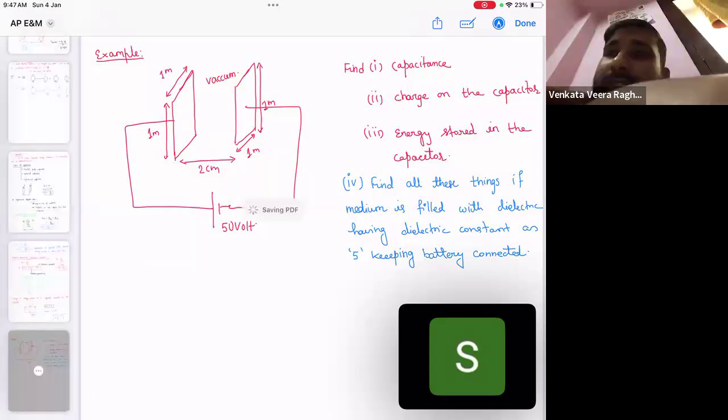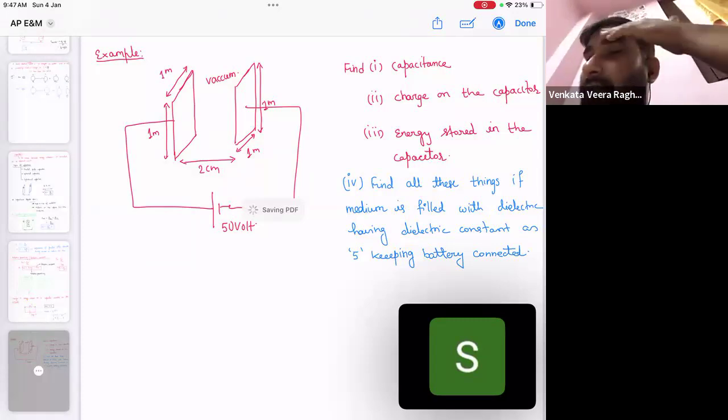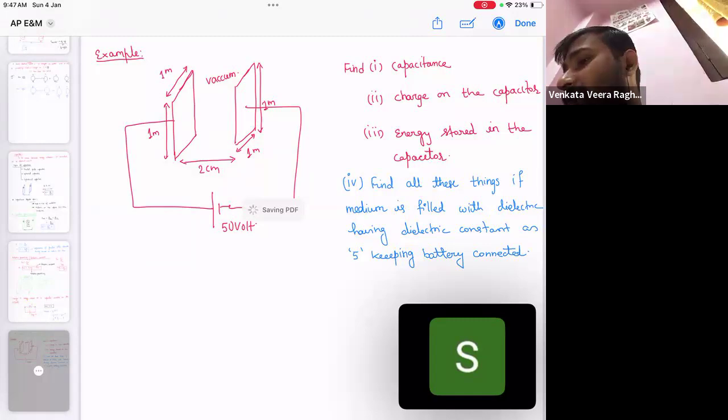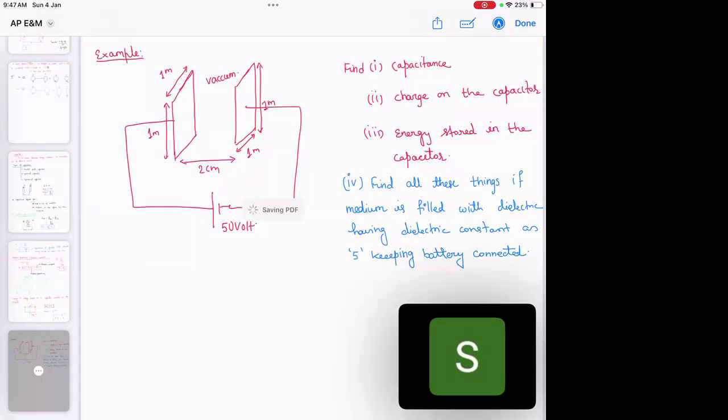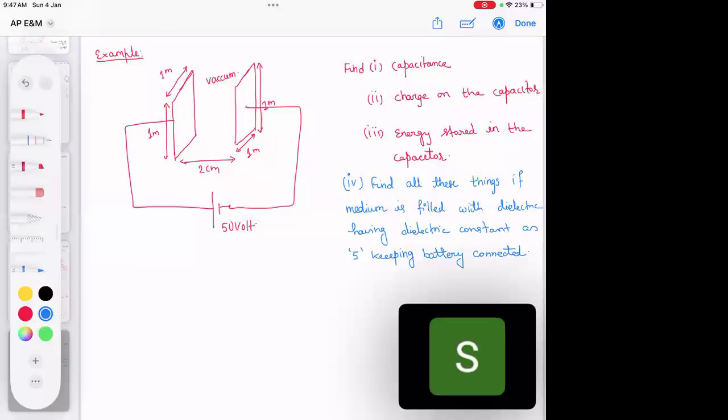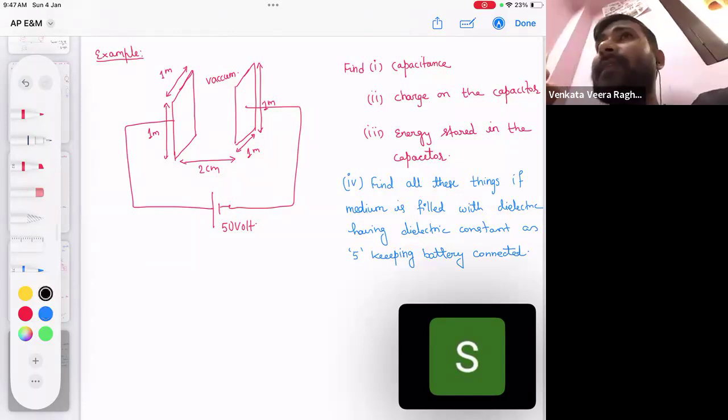So capacitance is going to be epsilon naught A by D. What is the unit of capacitance?